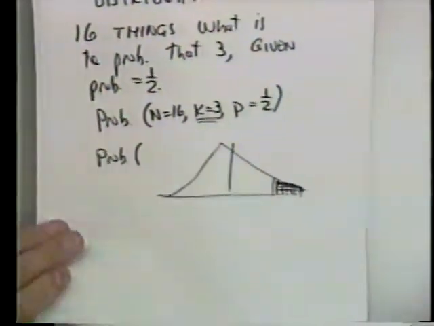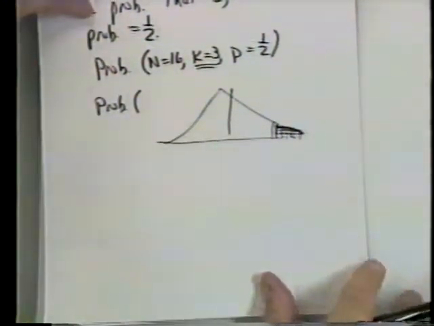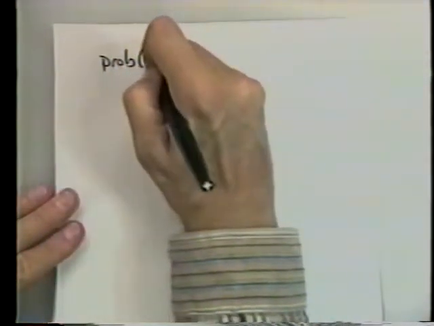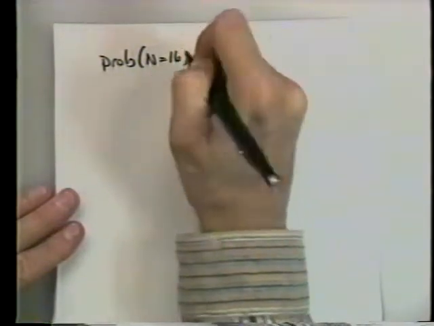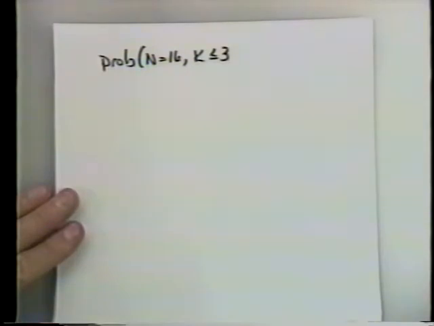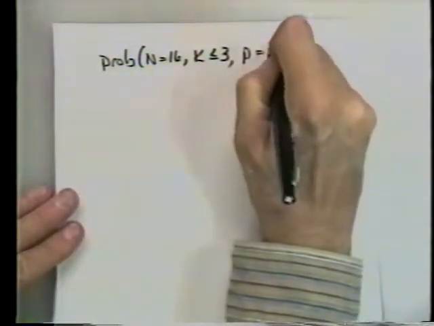I'll do it that way because otherwise I'll be confused in my notes. So we'll do it this way. Another way to say the same thing is we're looking for the probability, again, of 16 things for successes less than or equal to 3, where the probability is a half.